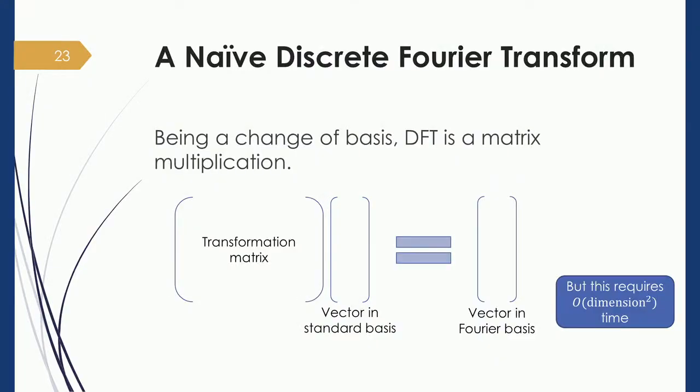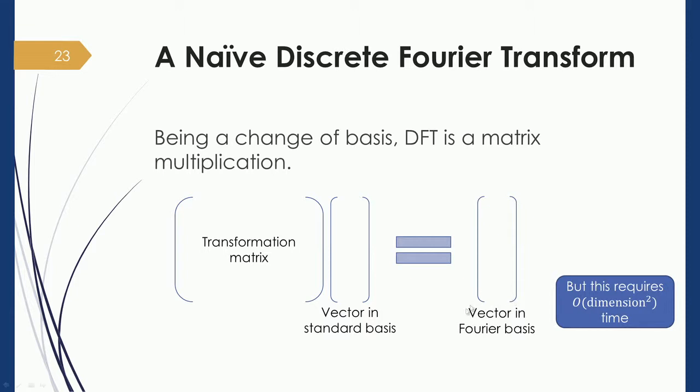So, this transformation can be viewed as taking a vector in the standard basis and multiplying the transformation matrix with that vector in order to get the vector in the Fourier basis.